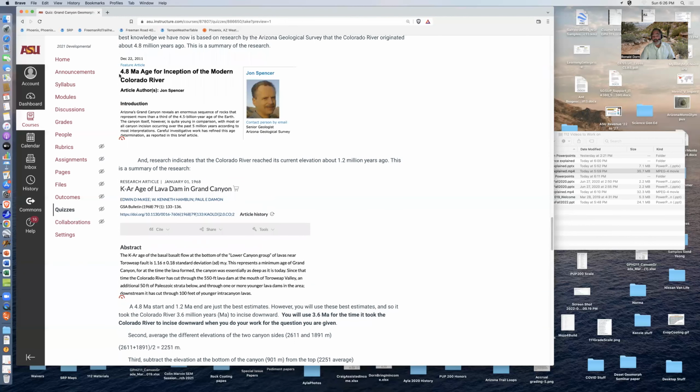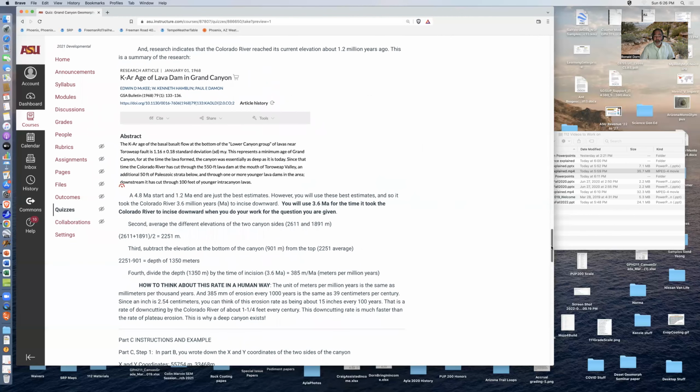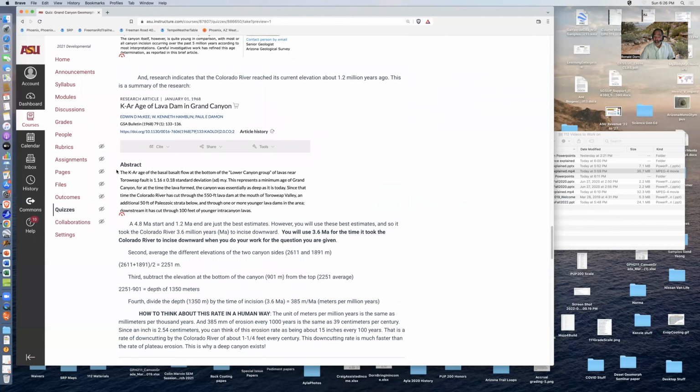You need to know the age when the Grand Canyon started to erode. And that's been determined by the Arizona Geological Survey to be 4.8 million years ago. So the Grand Canyon started cutting 4.8 million years ago, and it reached its current position by about 1.2 million years ago, when there's a lava flow that reached the current position of the river.